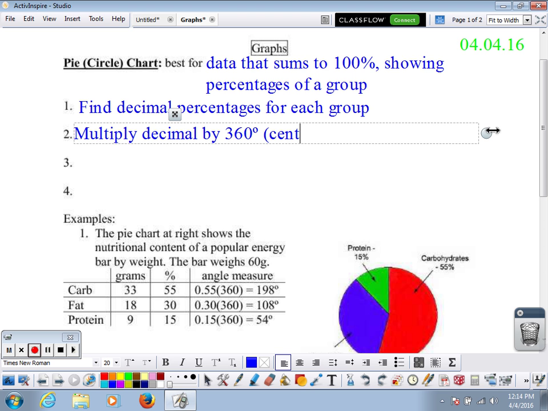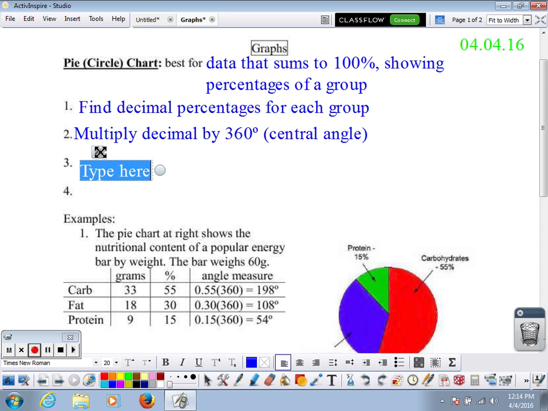And that will give us the central angle. That'll give us this angle at the center of the pie chart. How big that pie slice should be. It'll tell us what angle measure we should have. And we'll do that for each one of those decimals. Now, in order to draw the angles, we need a place to start from.